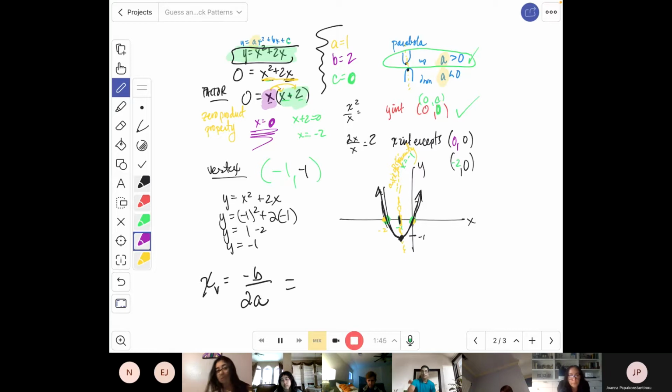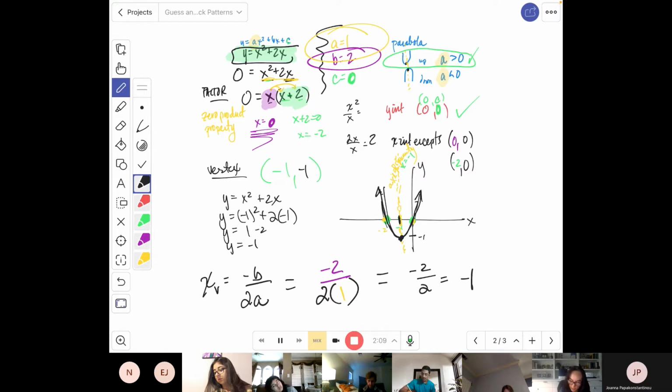In this equation, what's b? 2. So I have -2 over 2 times, and what did we say a was? A is 1. Exactly. So the x value of my vertex is -2 over 2, which is -1. Look at that.